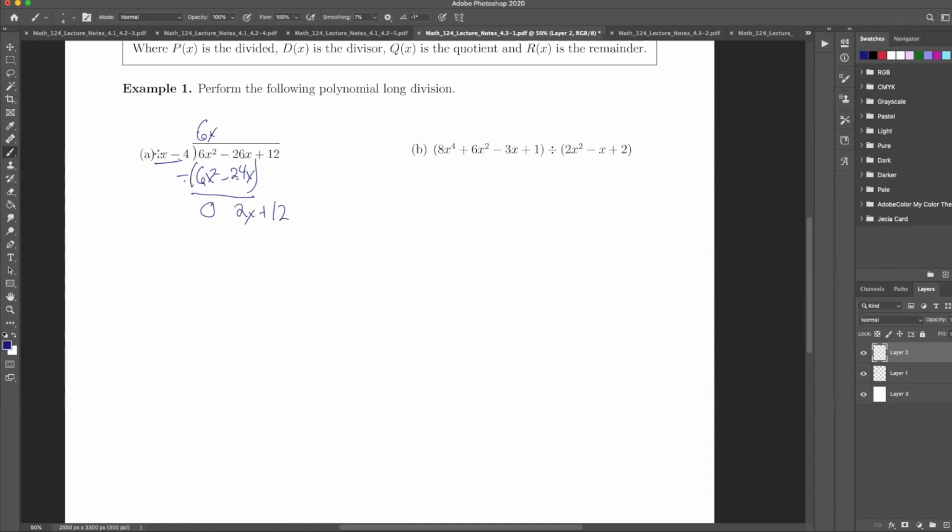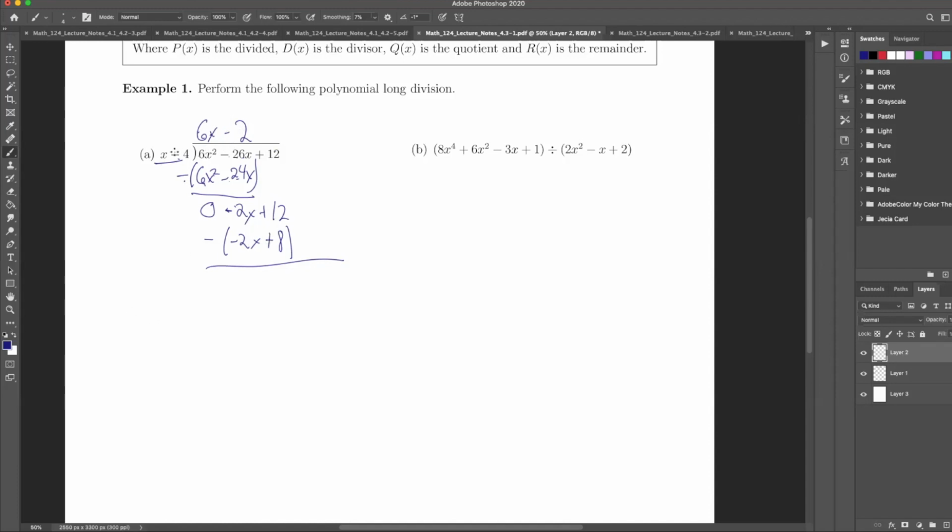You drop down the 12, and now I have this minus 2x. What must I multiply x by to make it look like minus 2x? Well, the answer here is negative 2. Minus 2 times this will be minus the quantity of minus 2x plus 8, because multiplied by negative 2, this becomes positive 8.